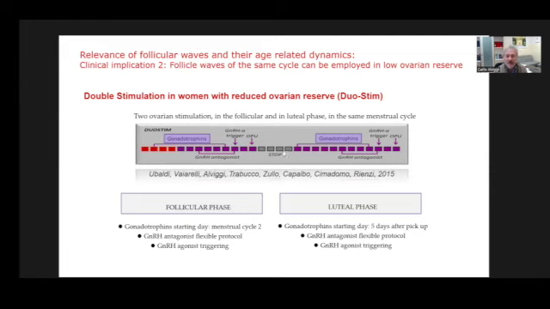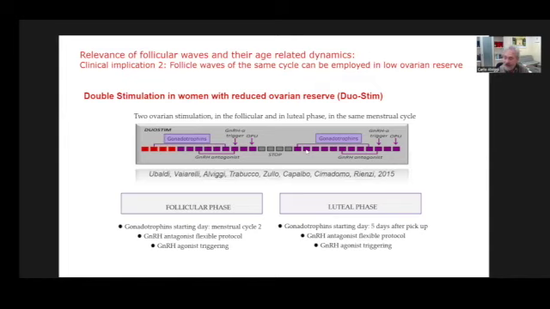There is a stop of 5 days, and then a second stimulation begins 5 days after egg collection, employing the follicular wave that had been selected for the following cycle. We intercept this follicular wave during the luteal phase of the same menstrual cycle. So this is an example of how we can use it in clinical practice.